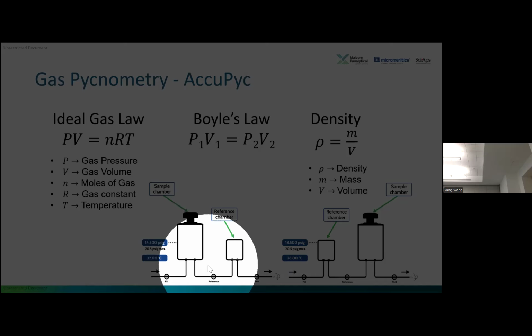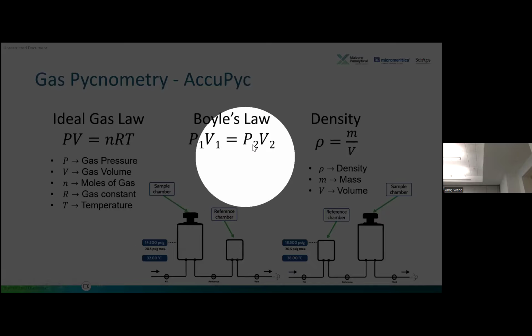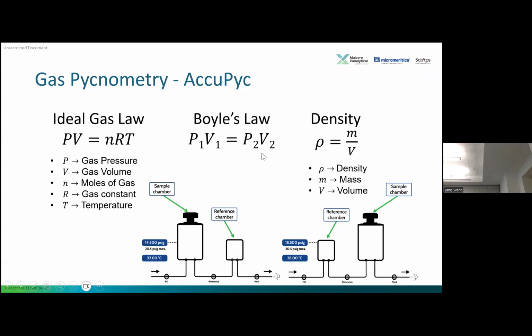So you have P1 and P2. You know V1 because of the calibration, so it knows the volume of this chamber. But when you have an unknown material in there, you'll get a difference in the pressures, and that'll correlate to V2. So we have pressure 1 and pressure 2.